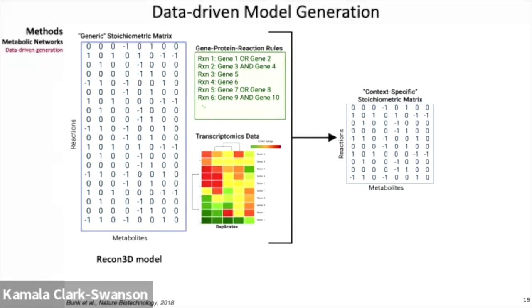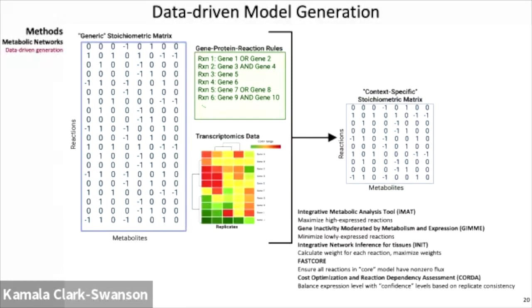We're mostly focusing on transcriptomics data, and there are a range of tools that do that integration of transcriptomics onto a generic model, depending on what facet or what aspect of the input data you really appreciate. Like, you want to maximize the presence of highly expressed reactions is one technique.